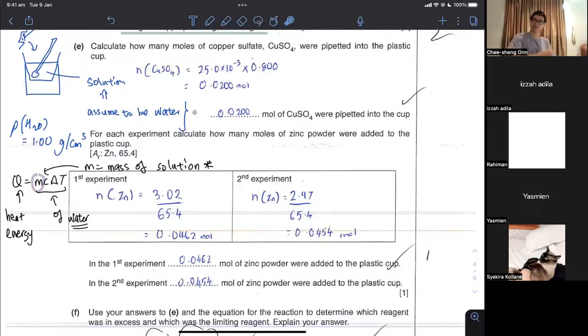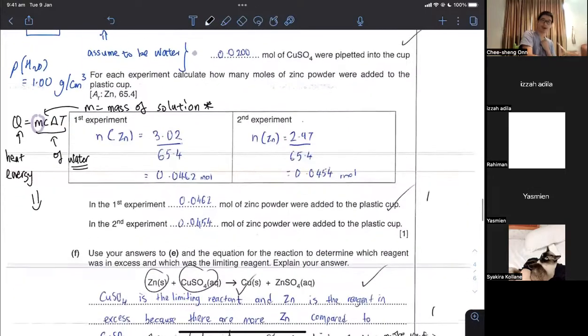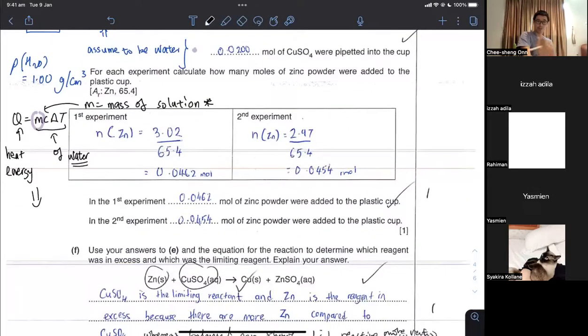So you're raising the temperature of the solution, which remains the same volume, therefore the same mass of the solution. Then where in the world do you put in the mass of the solid? Well, the solid reacts with the solution and you get a reaction. So the solid is actually part of the system. The water, the solution, is part of the surrounding.